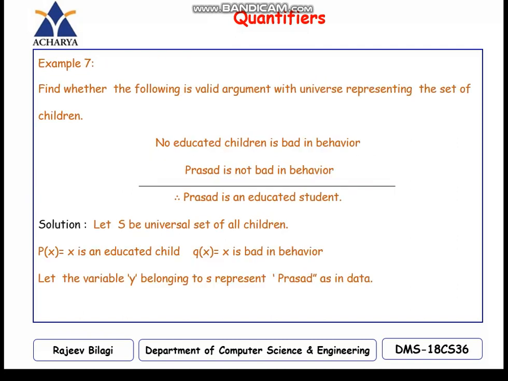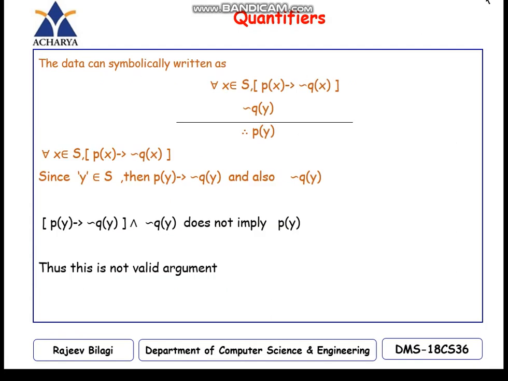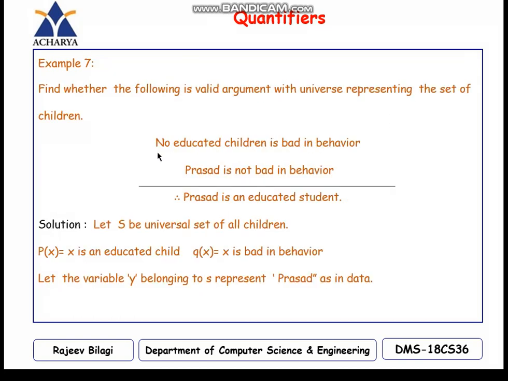Now this statement I write as for all x belongs to S, P of x then not Q of x. That is, if all the students are educated, then they are not bad in behavior. The meaning is that.